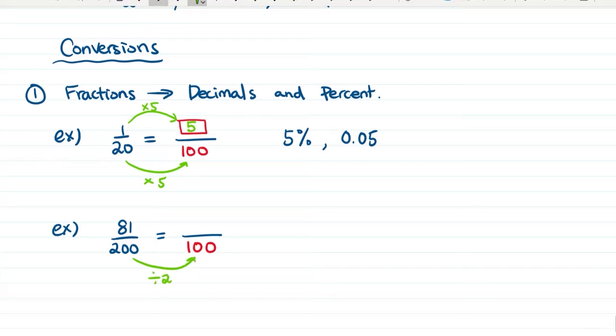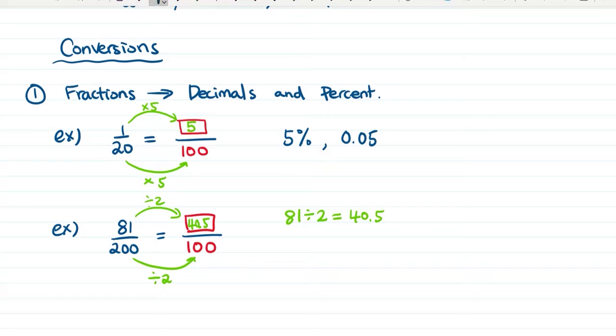And you do the same thing on the numerator. So 81 divided by 2 is 40.5. So we got 40.5 in the numerator.